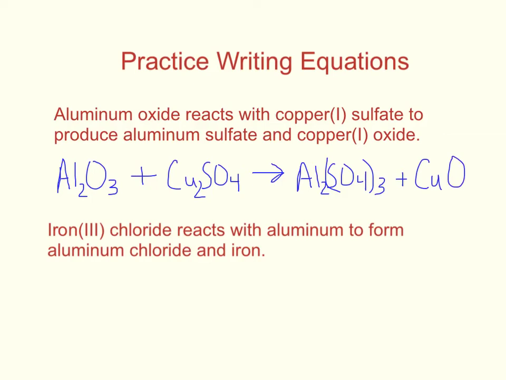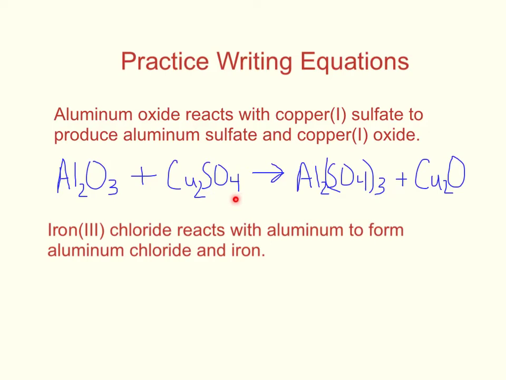Copper has a +1 because of the copper 1. Oxygen has a -2, it always does, and so we have to crisscross that one, Cu2O. So that is our skeleton equation because it possibly is not balanced. We have 3 sets of SO4 over here and only 1 set of SO4 over here. Again, we'll take care of that later.